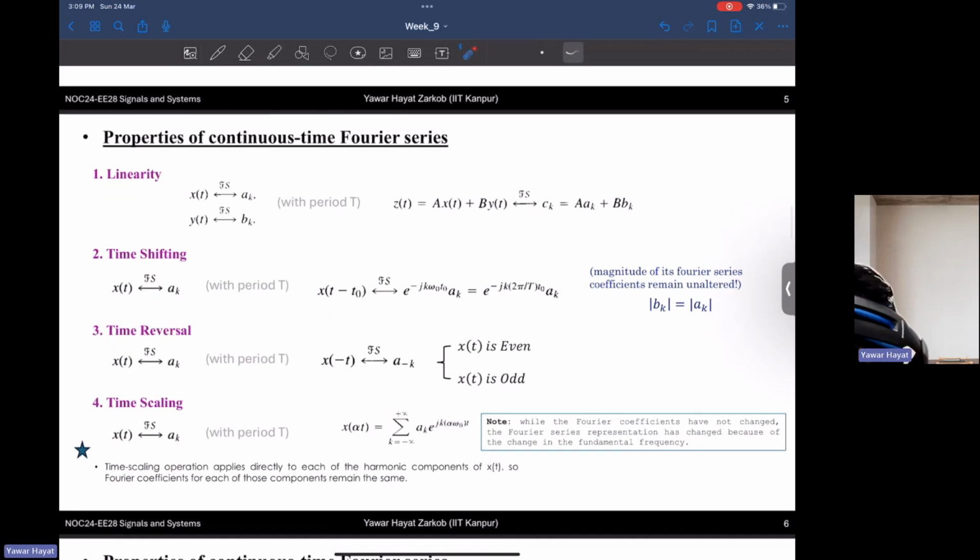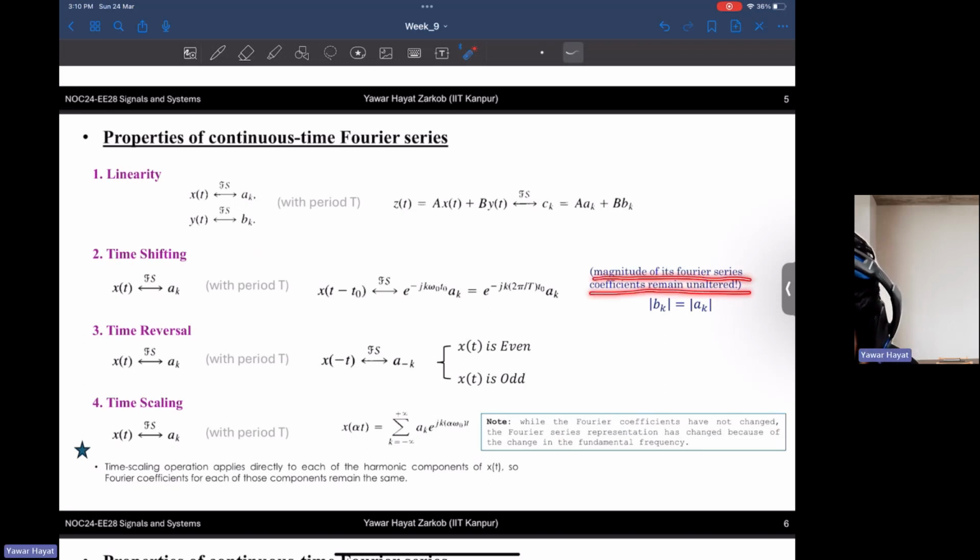Then continuous time Fourier series has some properties. Linearity is one that can be easily inferred. Then we have time shifting. What if the signal is time shifted? The Fourier series coefficients are multiplied by e to the power minus j k omega naught t naught, where t naught is the delay shift in the signal.